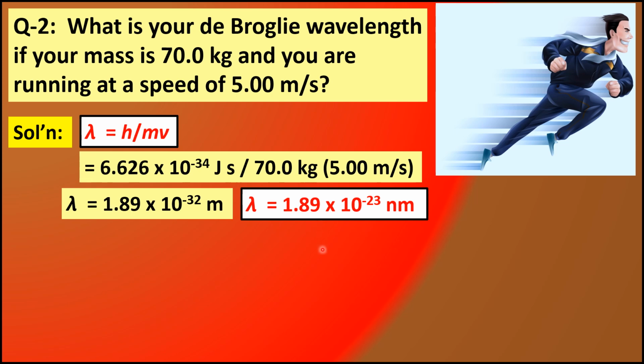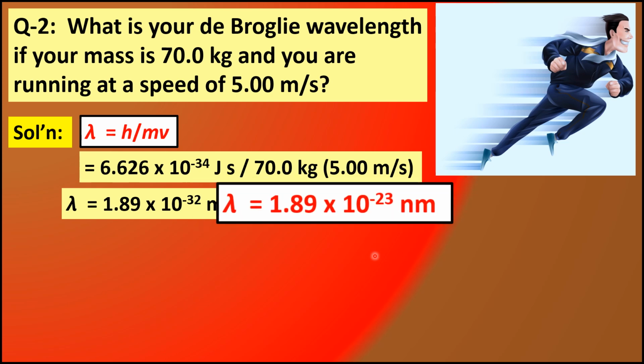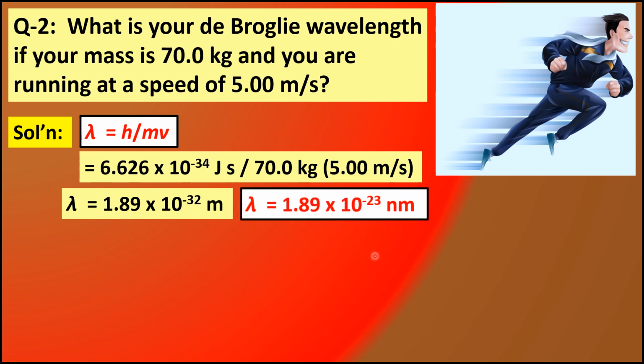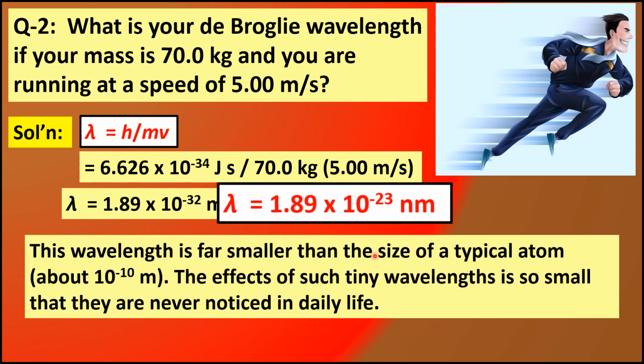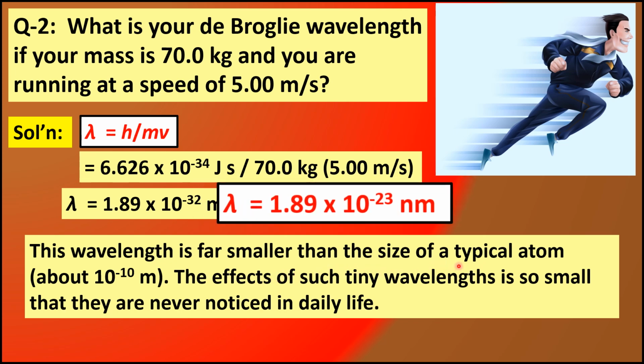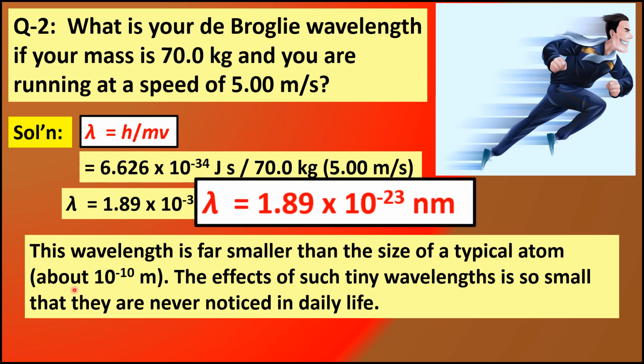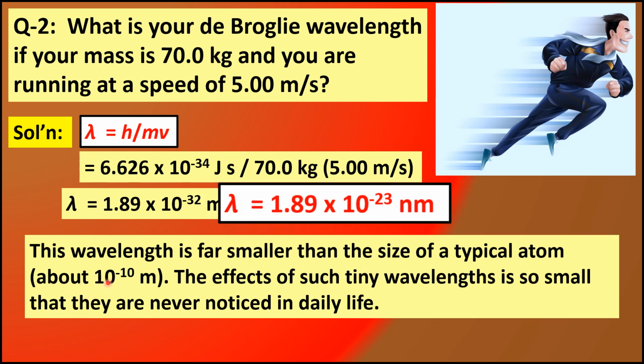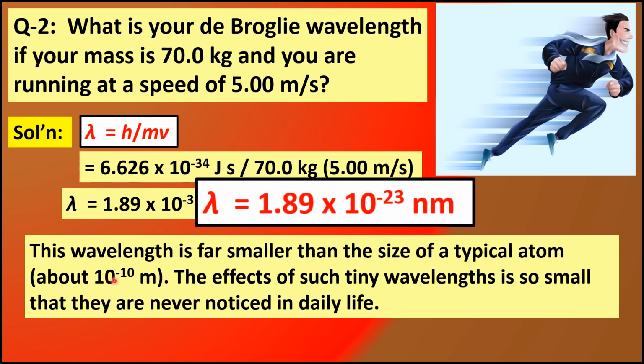Knowing that 1 nanometer is equal to 10 to the negative 9 meters, it is such a small measure of length. So having a wavelength equal to 1.89 times 10 to the negative 23 nanometers, we say that such wavelength is far smaller than the size of a typical atom, which is about the order of magnitude of 10 to the negative 10 meters.